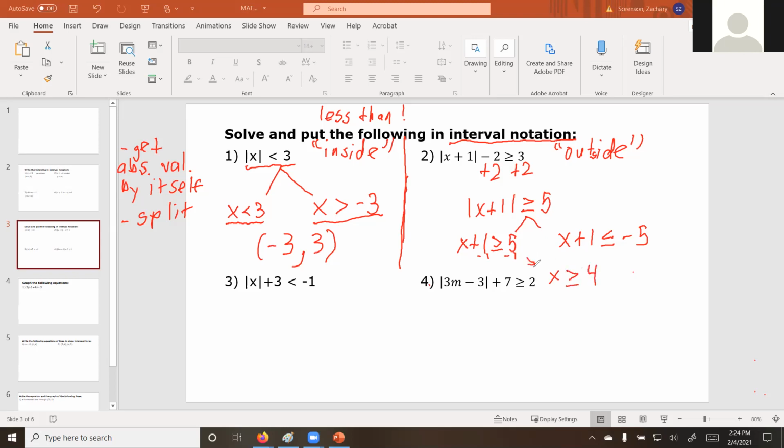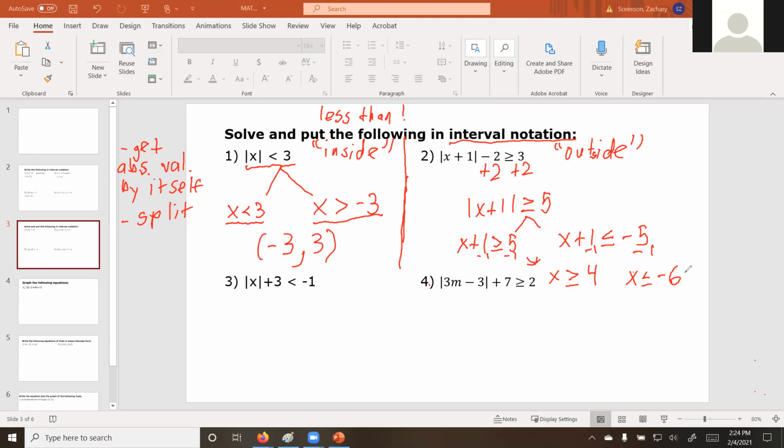That's this equation. And same thing here. Subtract 1 from both sides. X is less than or equal to -6. Good. And that's the solving process. Everyone good with solving?